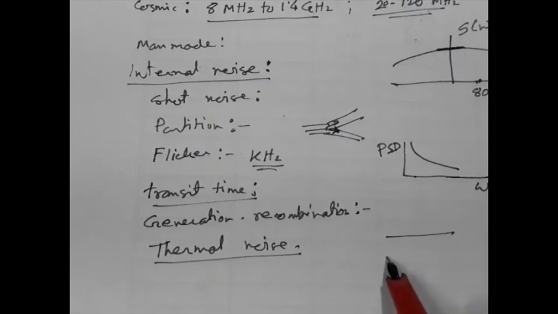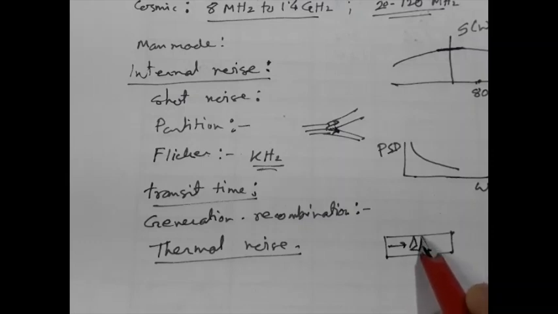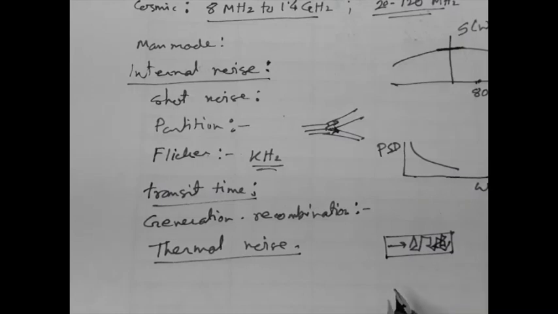So if you consider this as a block, electrons never go in a straight fashion, rather they follow this type of zigzag path because of different types of collisions, and the collision may be with the lattice structure. The net effect of this random motion is that there is no preferred direction of flow of a group of electrons, and as a result the average current is zero.